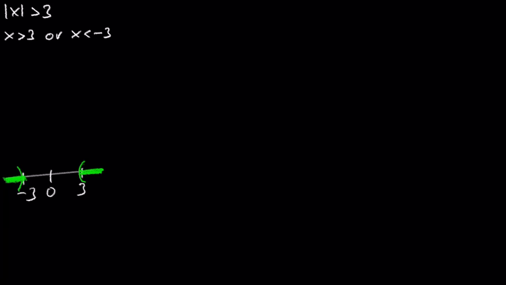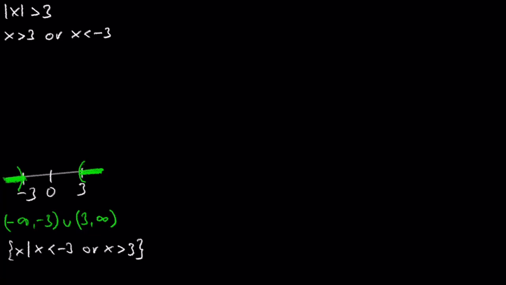So the interval notation is -infinity to -3 union 3 to infinity. And the solution set is the set of all x such that x is less than -3 or greater than 3.